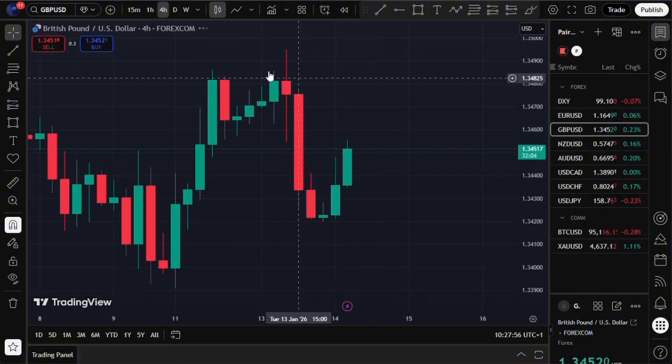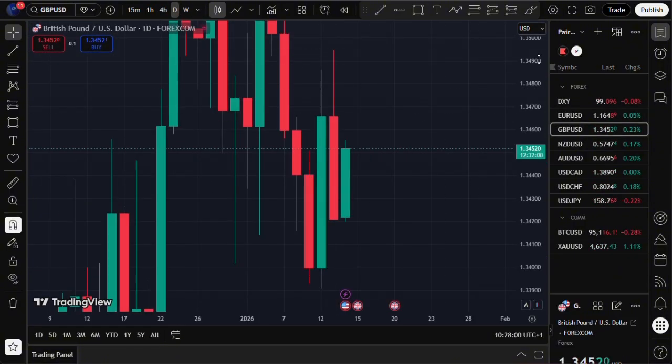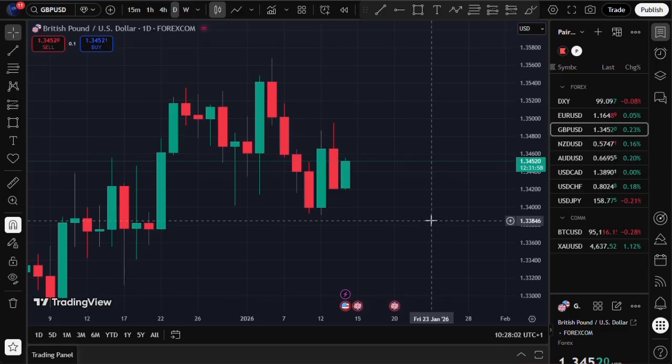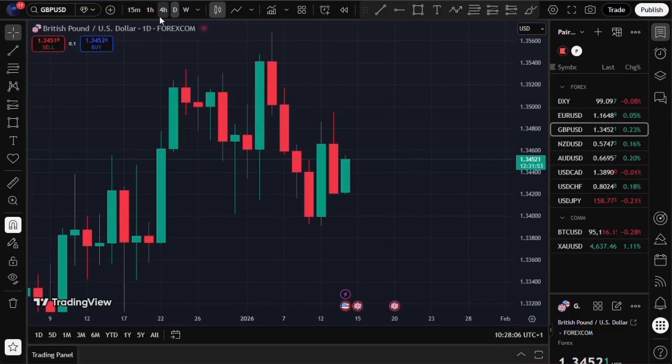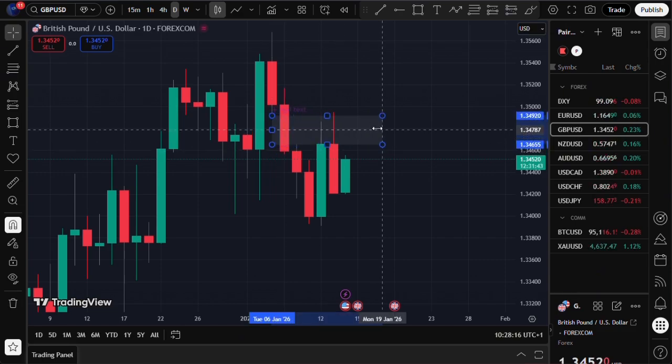Also on GBP USD, we should have the same narrative because the dollar index is bullish. So we expect every other foreign currency pair to be bearish. On GBP USD, we can also see that we've had daily fair value gaps, and price has retraced into that daily fair value gap, and we can easily start looking for shorts.